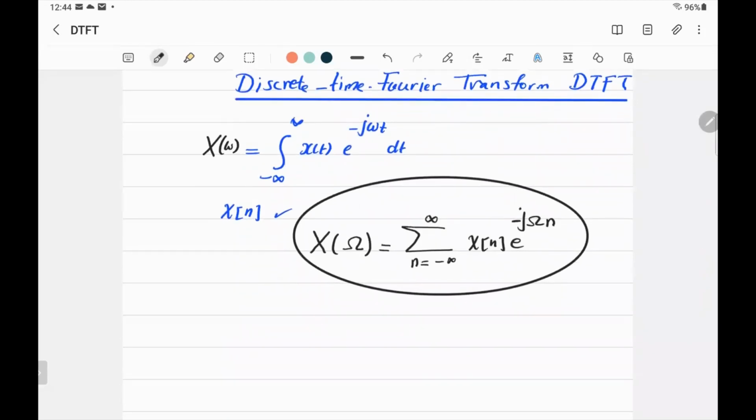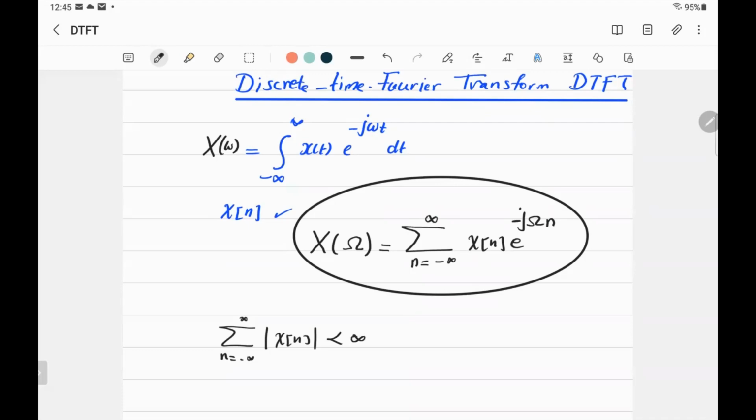There are some characteristics of this transform, but first, not every signal has a Fourier transform, even continuous signals. It has to be limited. So what is the condition for this one? The condition is that the summation of the absolute value of this sequence from n equal negative infinity to infinity, before you multiply by e to the power minus j omega n, should be less than infinity.